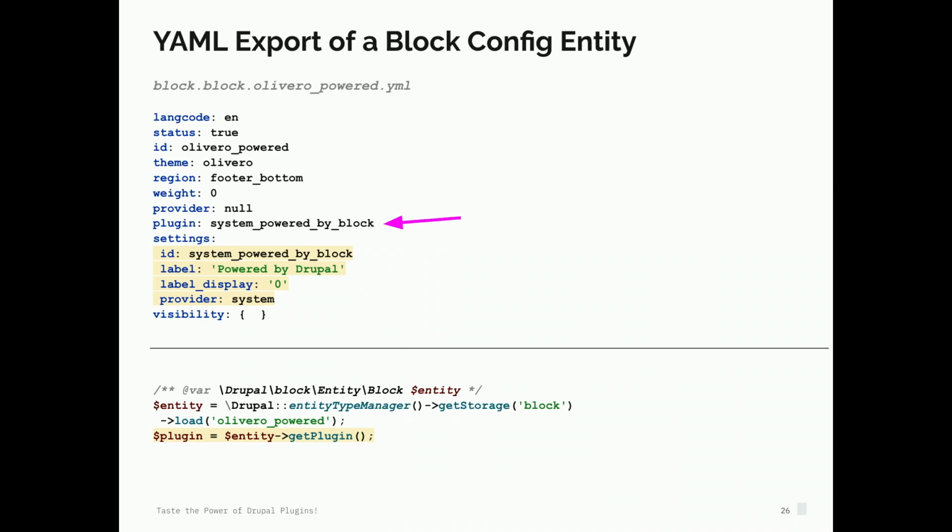And as I said, the easiest way to get this configured block plugin is actually to load this configuration entity, which has its own ID, which is olivero_powered, in the case of the Olivero theme. So I ask the entity type manager to get the block configuration entity storage, load the olivero_powered block configuration entity, and then you see there that the entity itself has a method called getPlugin.